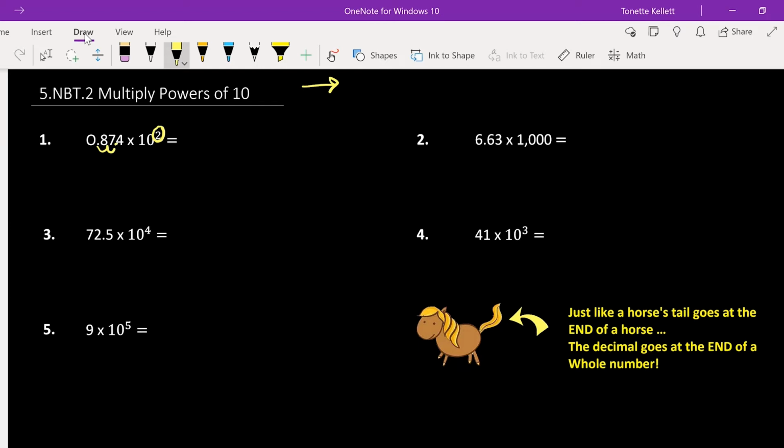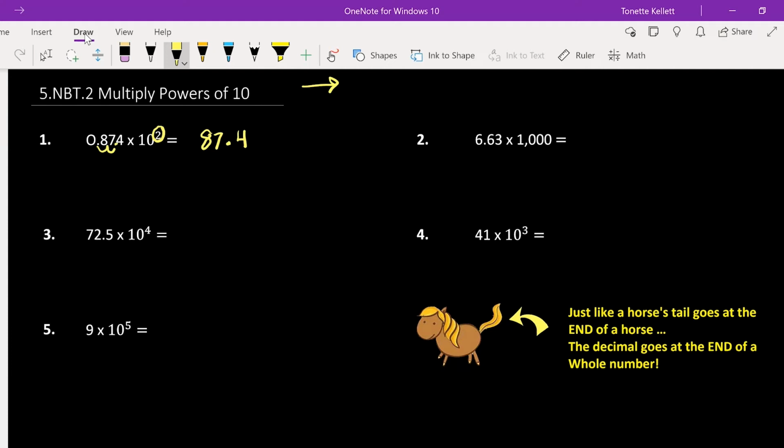We're going to rewrite this as 87 and a decimal and 4/10. 87 and 4/10 would be our correct answer. You have moved the decimal 2 places to the right. So we've shifted by 2 spaces.